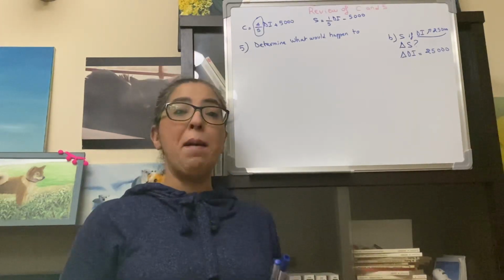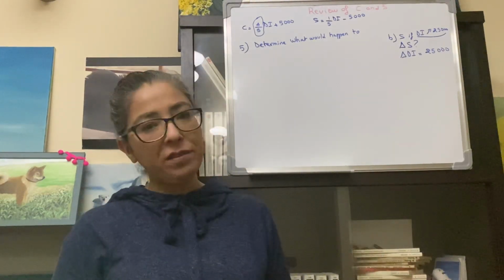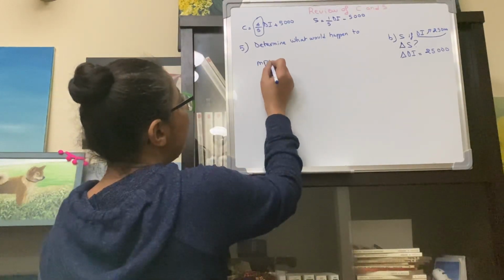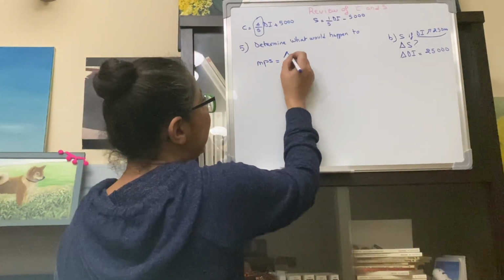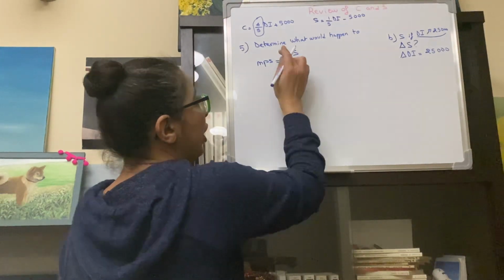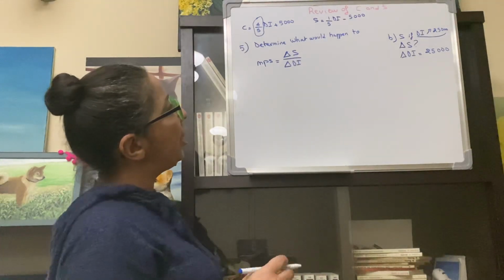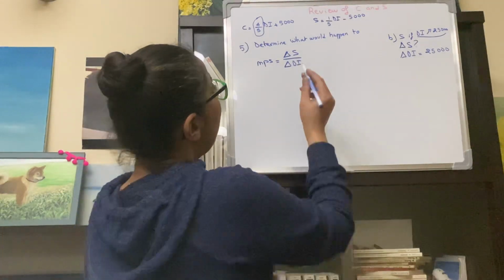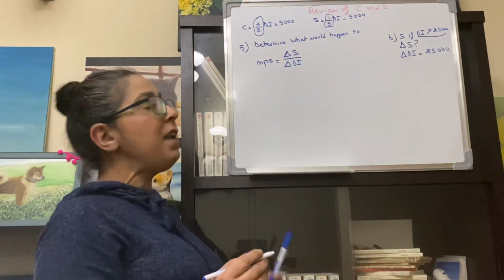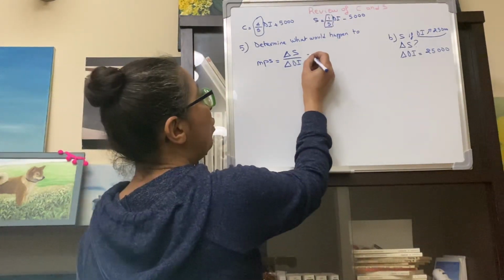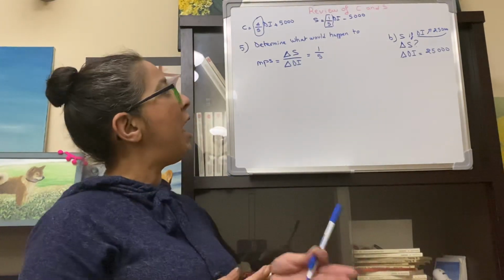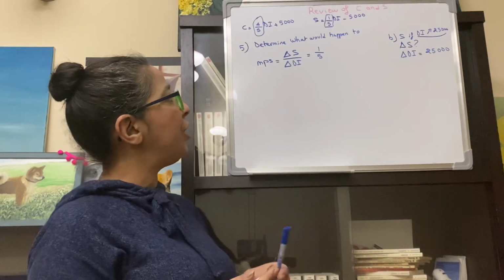What am I going to use? I will use MPS, marginal propensity to save. So MPS is equal to delta S over delta DI, the change in saving over the change in disposable income. And it's always the slope of the saving function. So here it's equal to 1/5. That's one of the first things we calculated to determine the function.